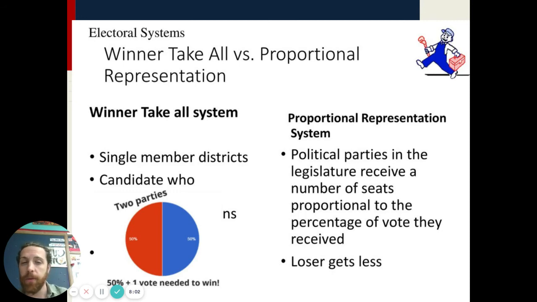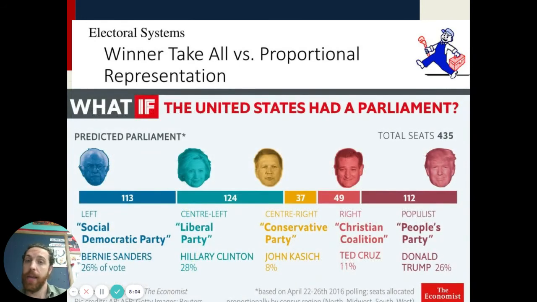And we can see a number of studies of what this might mean if we actually had a system like that in the United States, and how there's an expectation that we'd have what is considered a social democratic party getting about 26% of the vote. But we'd also have a liberal or center-left party that would get about 28% of the vote. There would be a conservative party getting about 8% of the vote.